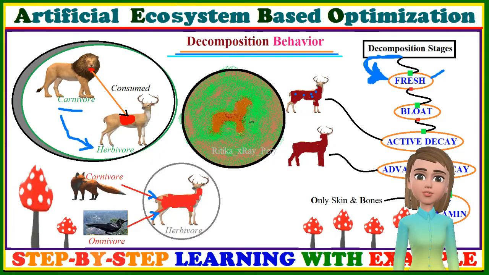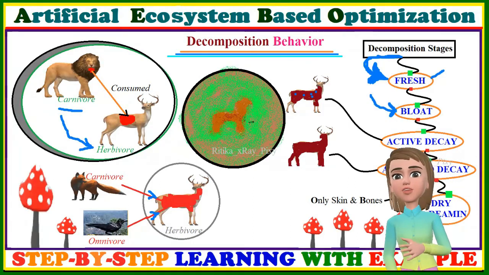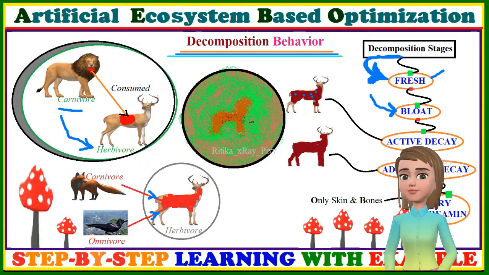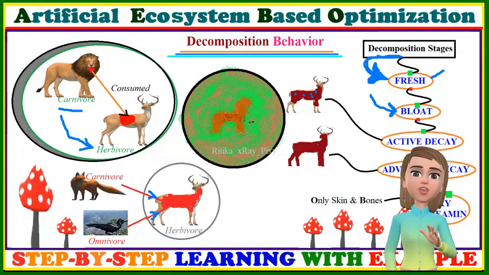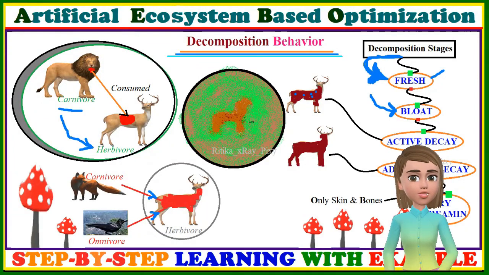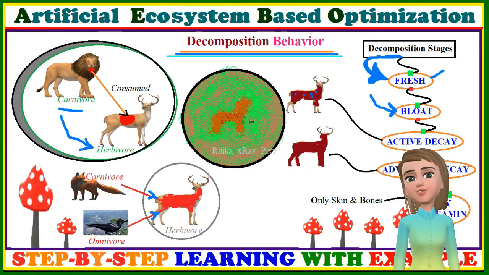Next we have bloat. When the gas pressure inside the body increases, the fluid present in the body is forced to escape through nose, mouth, anus, and in this way body fluid enters the environment and attracts insects. Insects begin to feed on the body fluid.